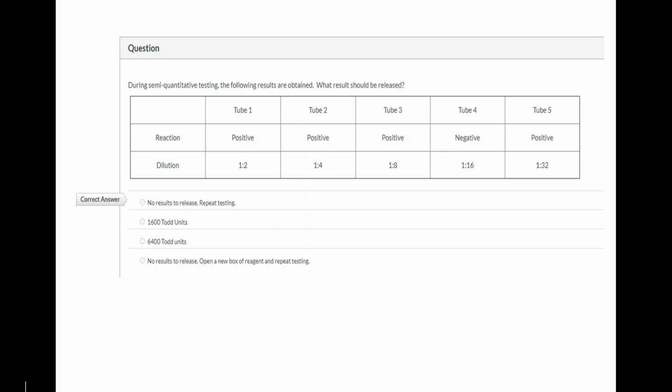So for this question, this will be answerable by going back to the flow chart that I have presented to you. So again, this is a discrepant testing, so the very best thing to do is to repeat the entire testing.